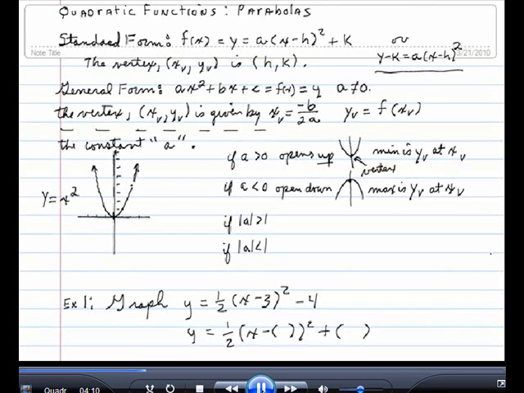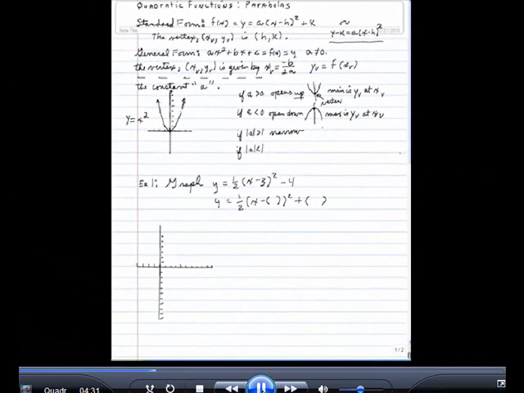A little bit less important, but still a significant property of a is as follows. If a is a number in size greater than 1, then the parabola is going to be taller, so we would call it narrow. Remember, tall and narrow are the same. Now, narrow relative to what?